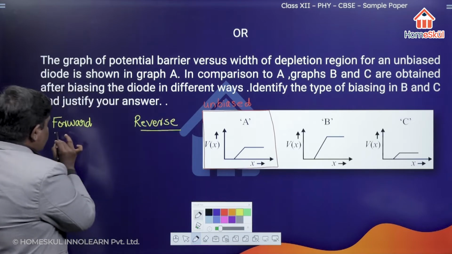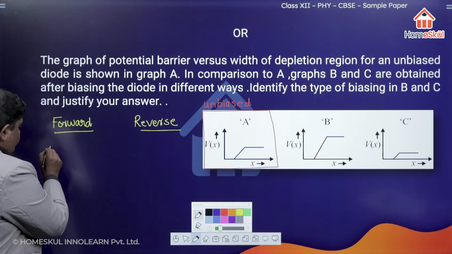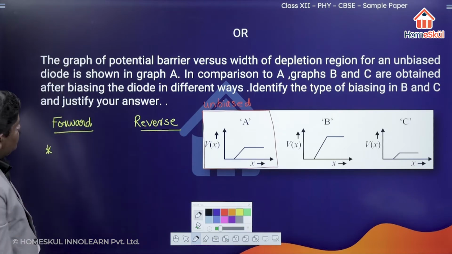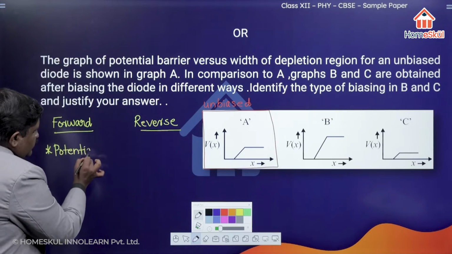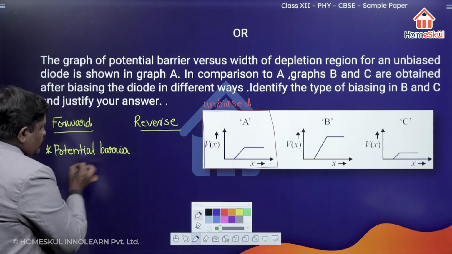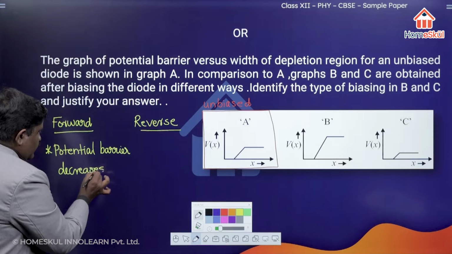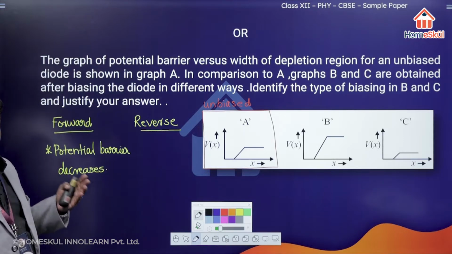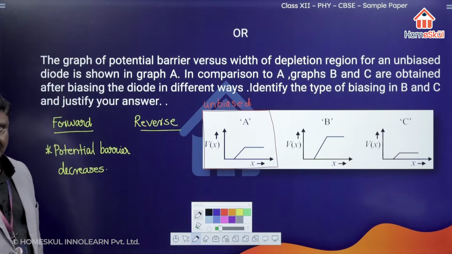In forward biasing, what happens to the potential barrier? The depletion region decreases, therefore the potential barrier decreases.